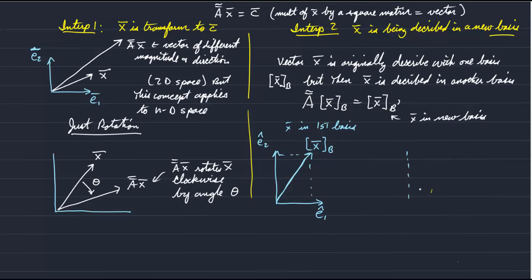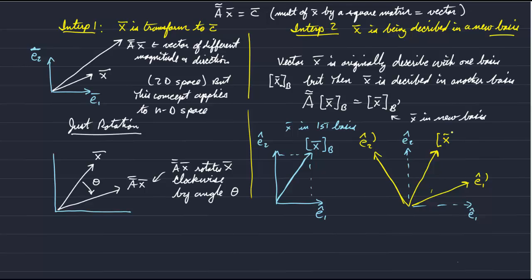So here we have our original basis again, E1 hat, E2 hat, and now I'm going to describe x in a rotated basis, E1 hat prime and E2 hat prime. And this same vector, I'm going to try to draw it having the same length and same direction as shown in the first picture.